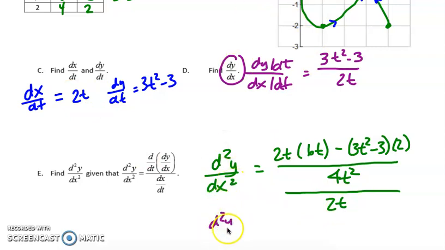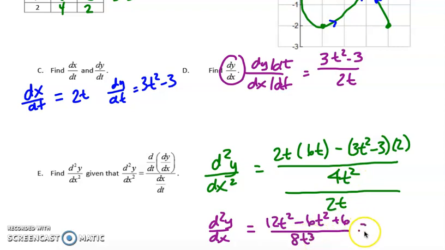So my second derivative is going to be, let's see, 12t squared minus 6t squared. And then I have a negative times a negative, so it'll be a positive 6 here. And then when I divide 4t squared by 2t, I get to 8t cubed. And when I clean this up just a little bit more, I'm going to get to 6t squared plus 6 over 8t cubed.